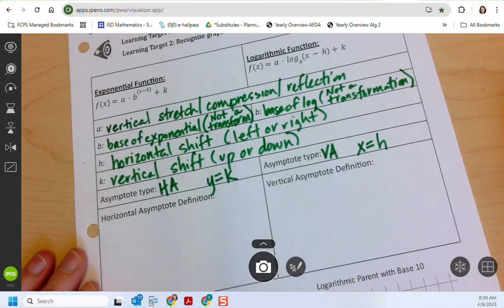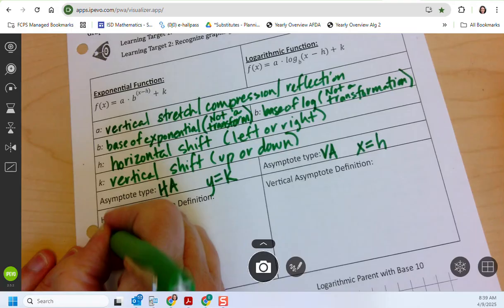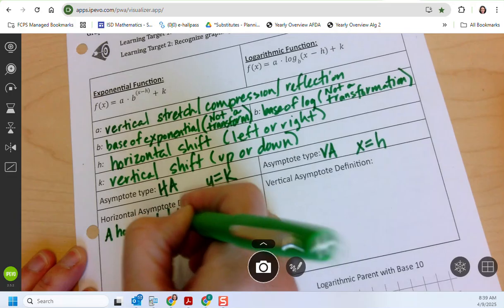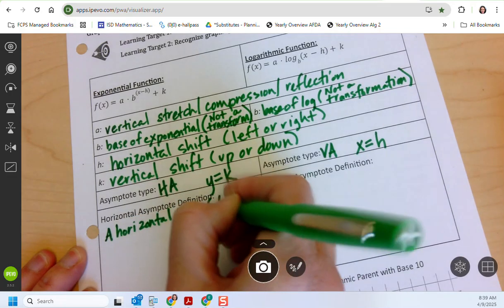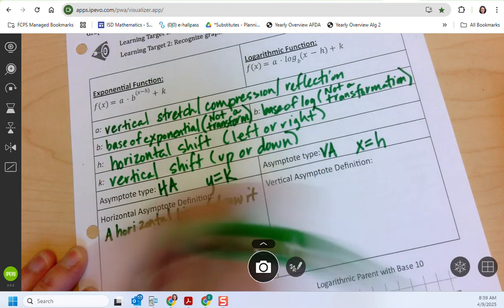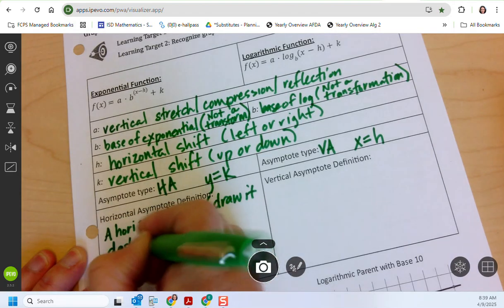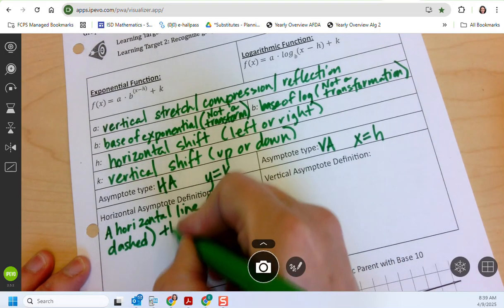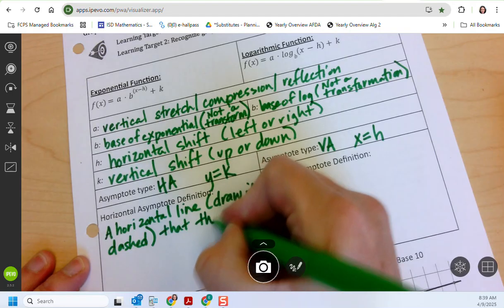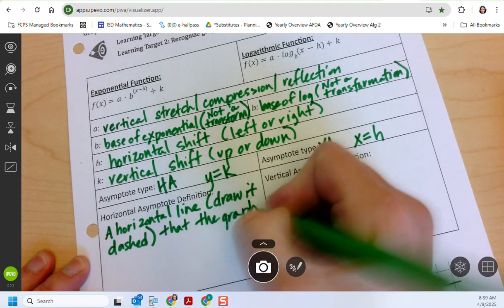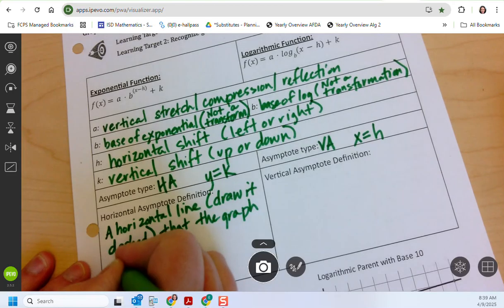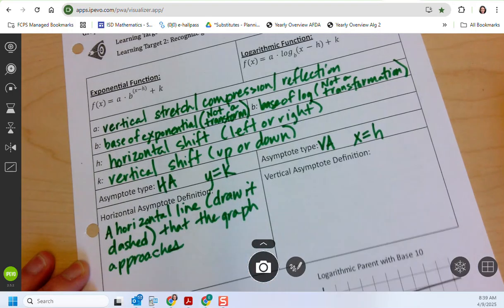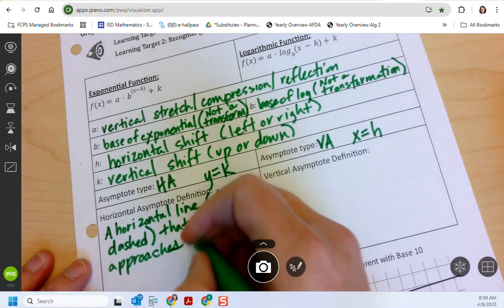All right, so a horizontal asymptote is a horizontal line. And you should draw it dashed. That the graph approaches as x approaches positive infinity or negative infinity.